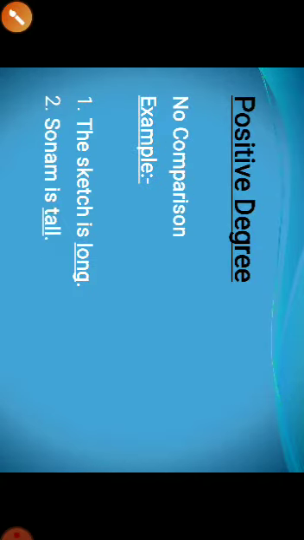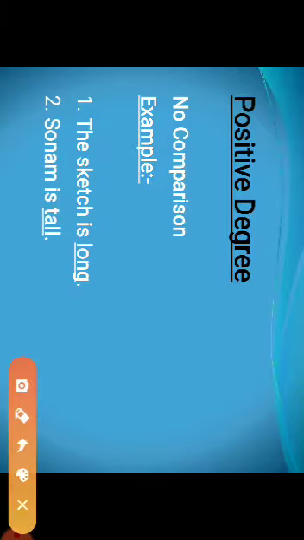The first degree is the positive degree and this is the very simple one. Here we are not doing any comparison. There is no comparison. For example, the sketch is long. Second sentence, Sonam is tall. So here, as you can see in these sentences, how many nouns are given in a sentence? In every sentence we have only one noun.